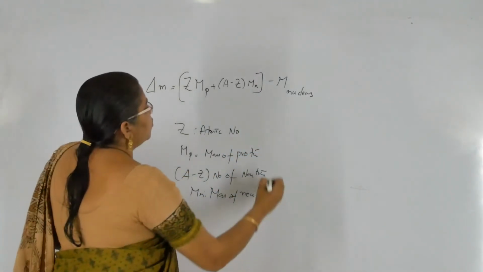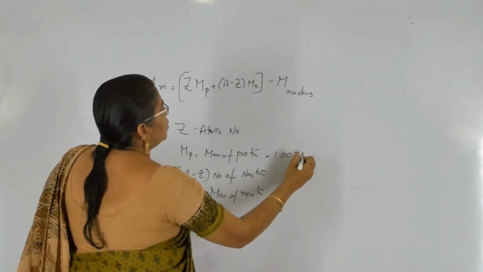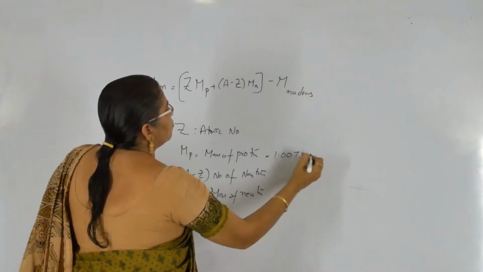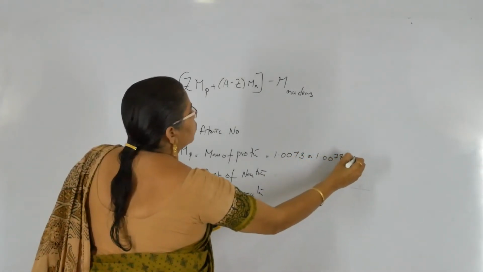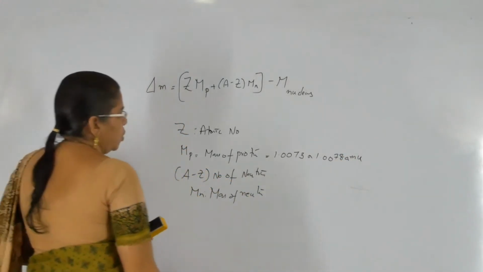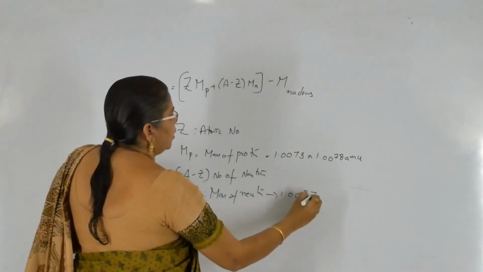Now the mass of the proton is approximately 1.0073 or 1.0078 AMU. The mass of the neutron is 1.0087 AMU.